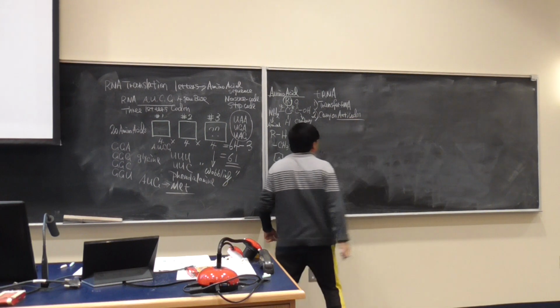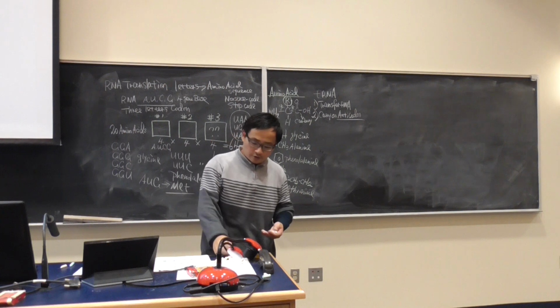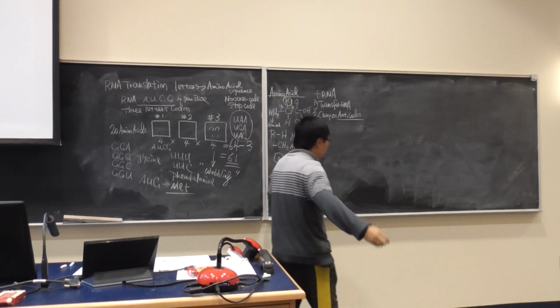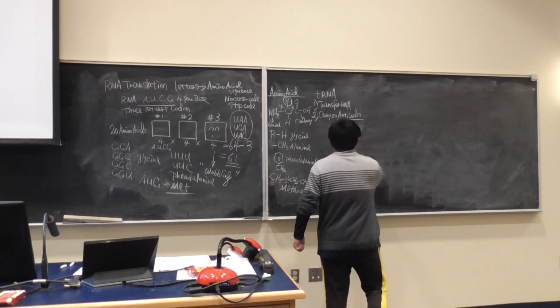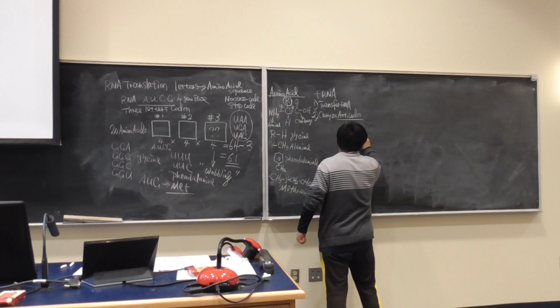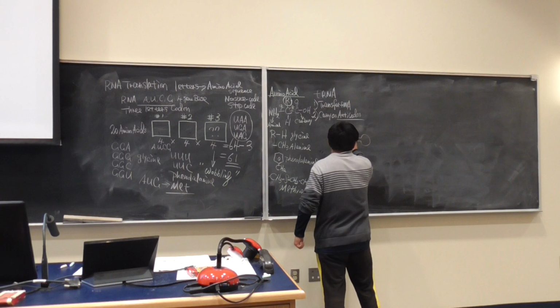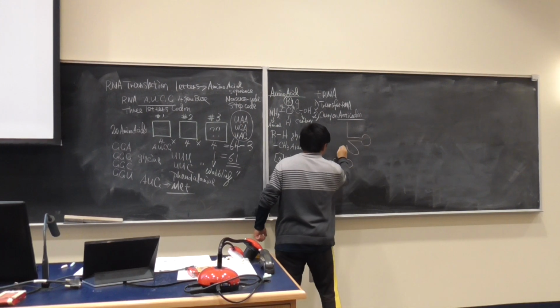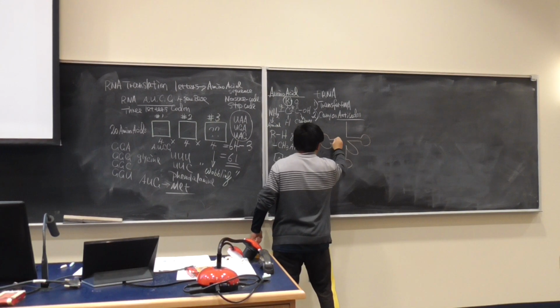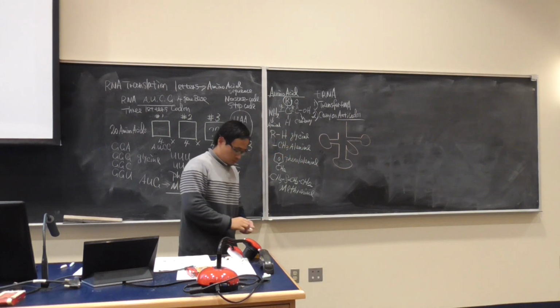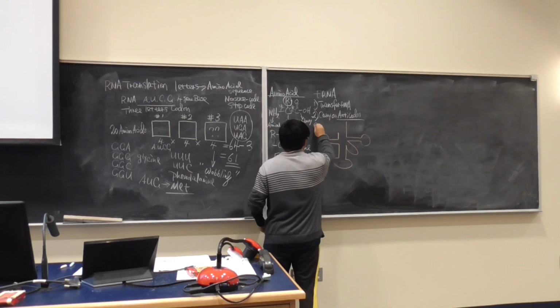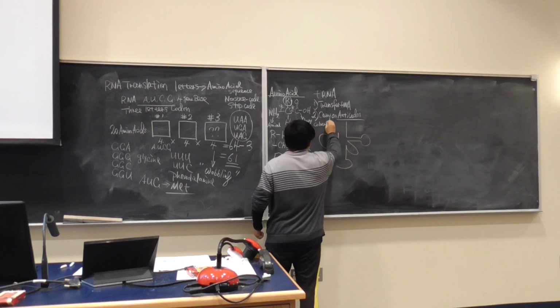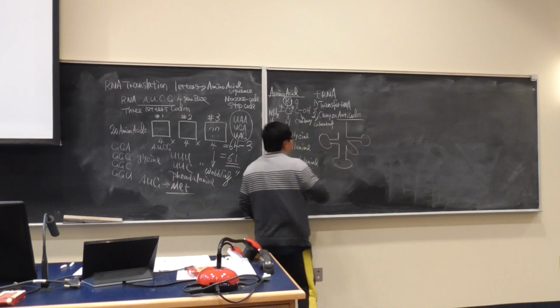Okay, this is the key. Lots of people think it carries the codon, it's not. Then what is the basic structure? It looks like a leaf. So lots of people say it's like a clover leaf. Just a leafy shape, okay?